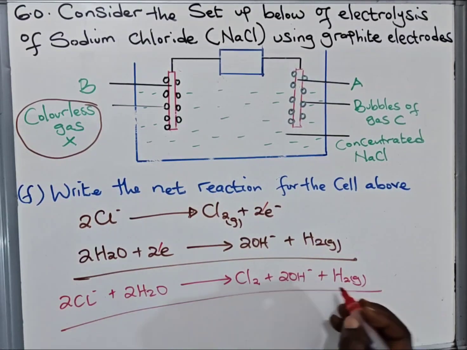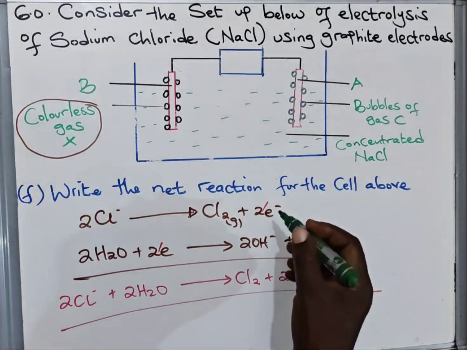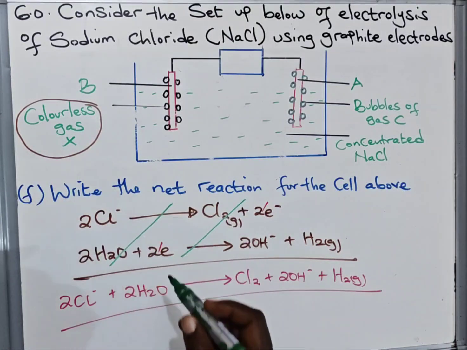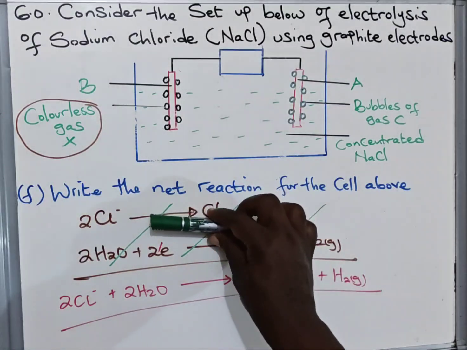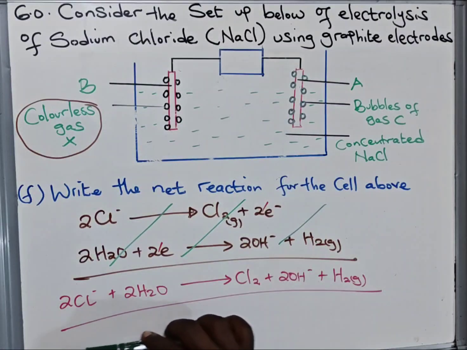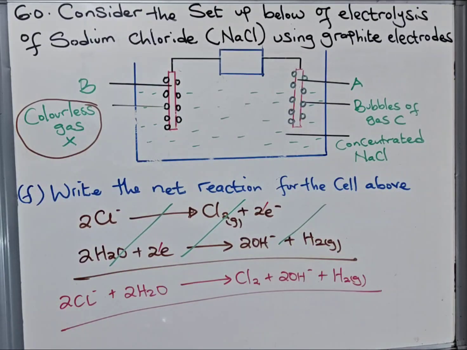This is the net. It's advisable that when the question comes about the net and you write it like this, you cross out the working, because at times the examiner is too busy. You might think this is the net. So you cross out the working and you have your net.